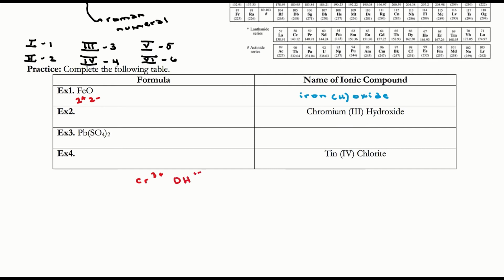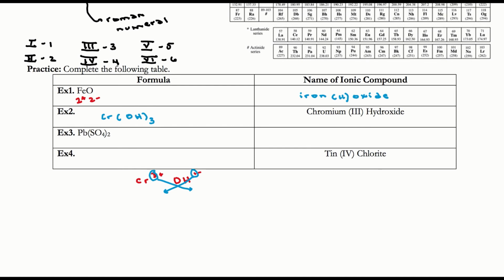You can look that up in your table. So I'm going to cross my charges. And so the formula for this is going to be Cr(OH)3. Because remember, if I have more than 1 polyatomic ion, I've got to put it in parentheses.